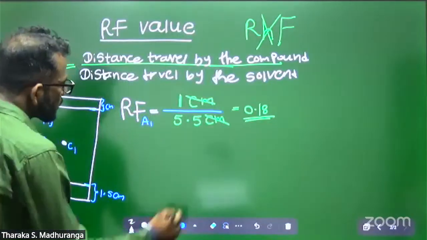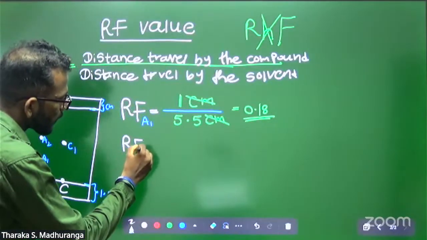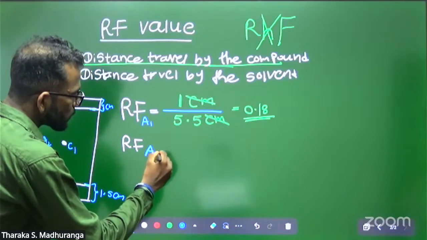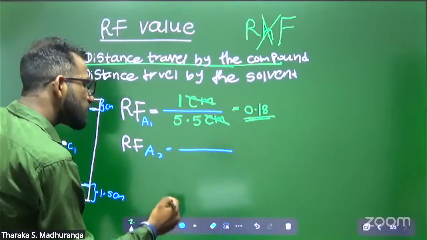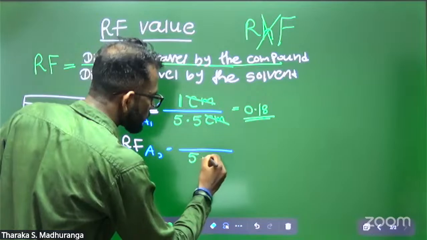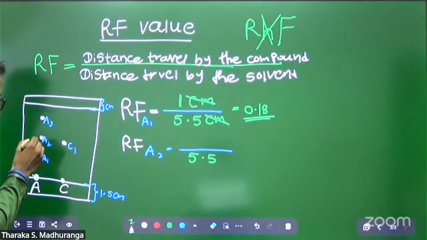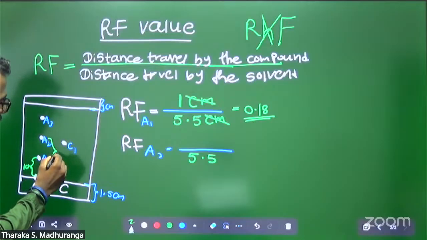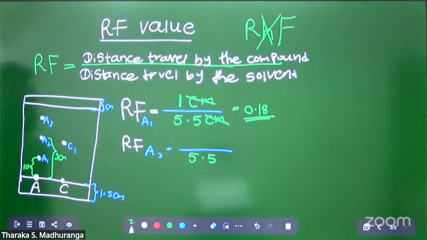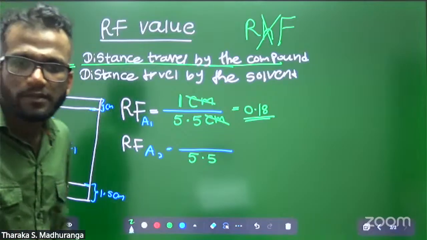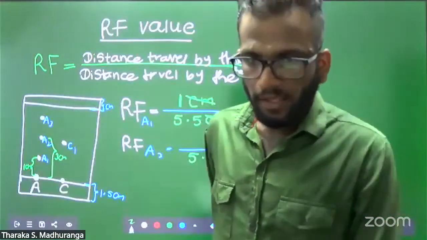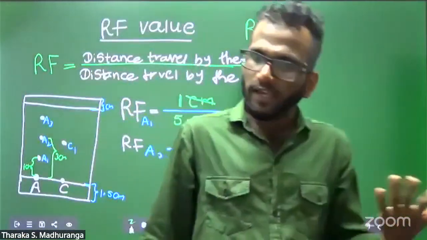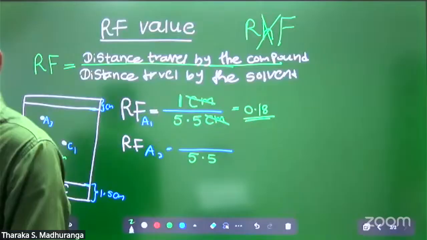Now I am going to get the RF value of the A2 compound. The solvent travel distance is not changing. It is 5.5. Think the A2, from baseline it is 3 centimeter. If any question comes to calculate the RF values, they give the distance.